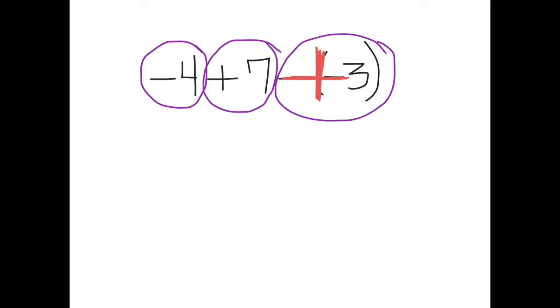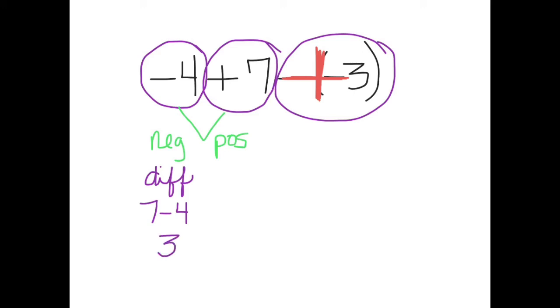And then I'm going to look at two terms at a time. So I have a negative 4 and I have a positive 7. Are the signs the same or are they different? The signs are different. So when the signs are different, we subtract. 7 take away 4 is 3.